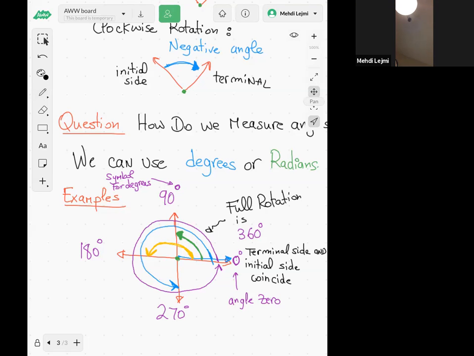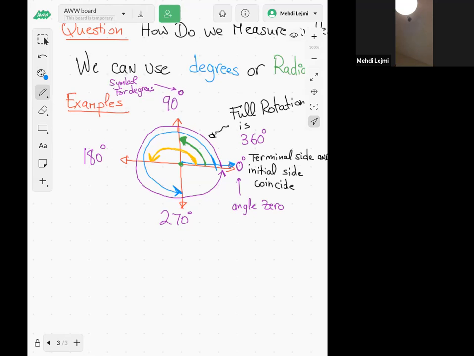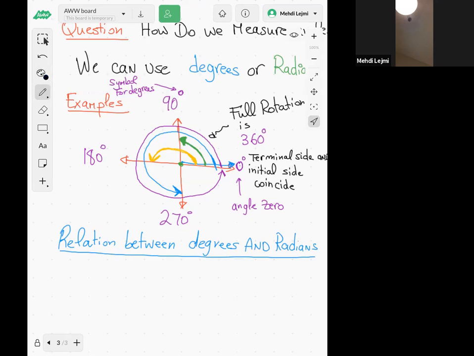Well, 180 degrees is equal to pi radians.